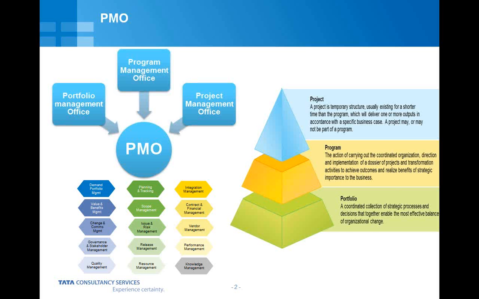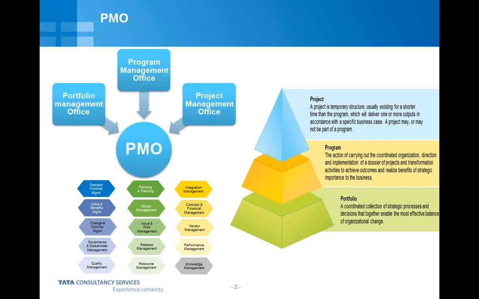There its involvement is not at an operational level, but it contributes at a strategic level as well, where it helps the organization choose a project, make a selection, and balance it. I'll discuss that later. So this PMO could be any of these. It depends on the scope of the PMO. It could be managing portfolios, programs, or projects.